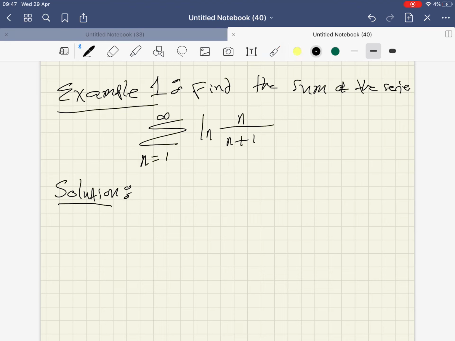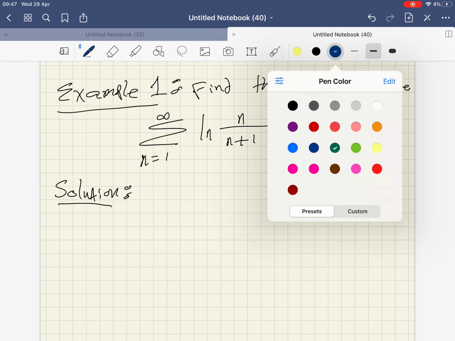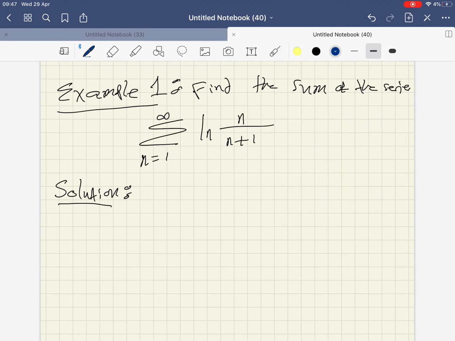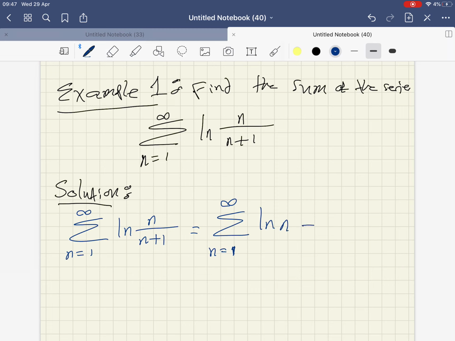But even though it's not a geometric series, we can use the properties of the ln to get rid of the quotient here. So this will be ln n minus ln of n plus 1.